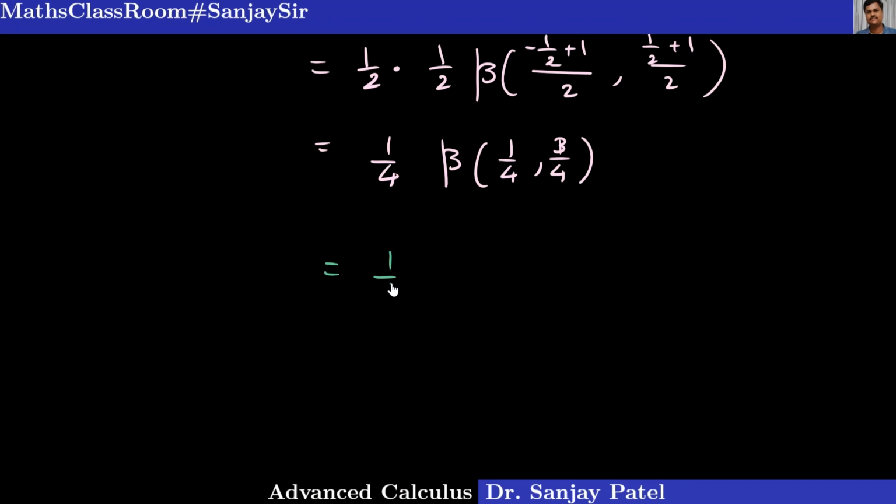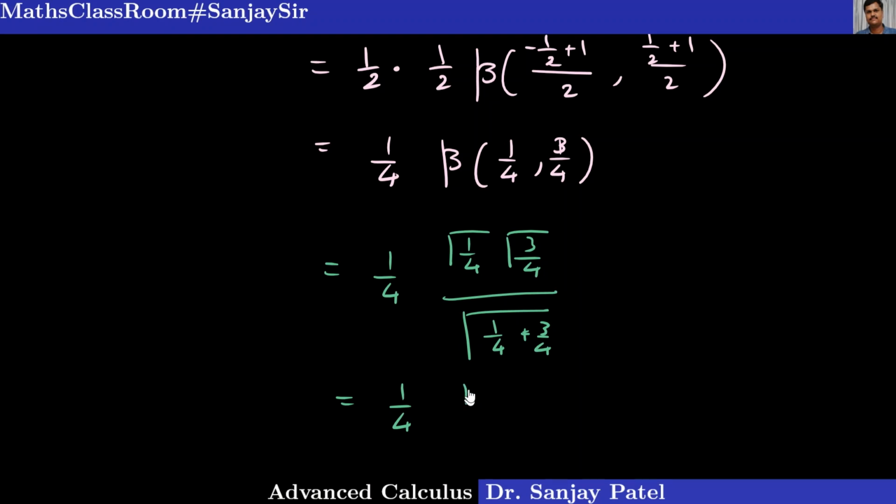this is equal to 1 by 4 gamma 1 by 4 gamma 3 by 4 upon gamma of 1 by 4 plus 3 by 4, using the relation between beta and gamma function. So this is equal to 1 by 4. 3 by 4 I can write as 1 by 4 plus 1 by 2, right.